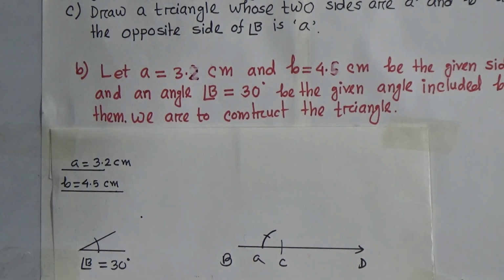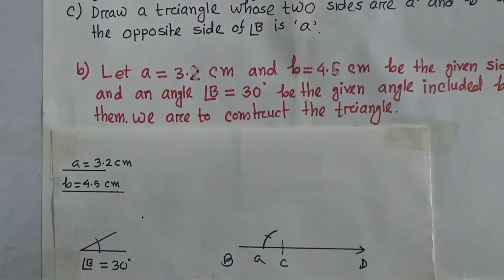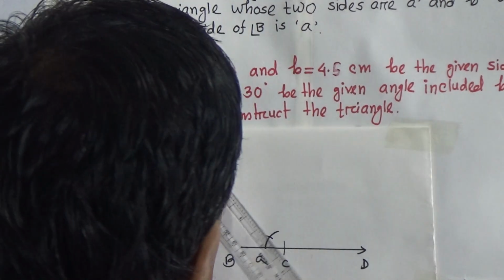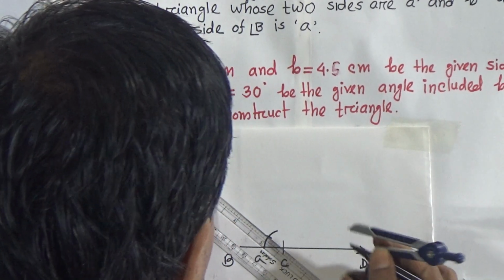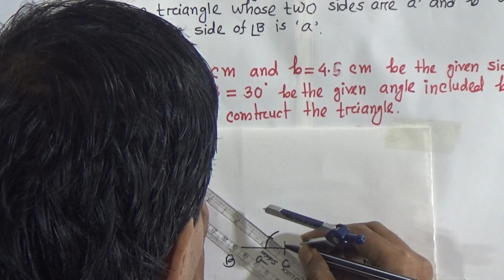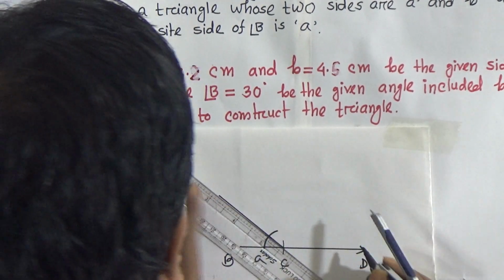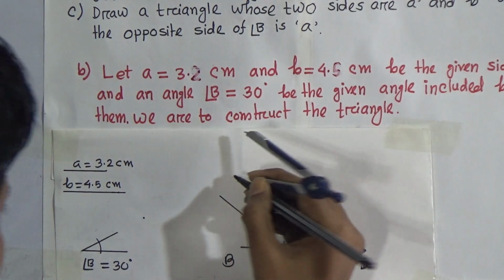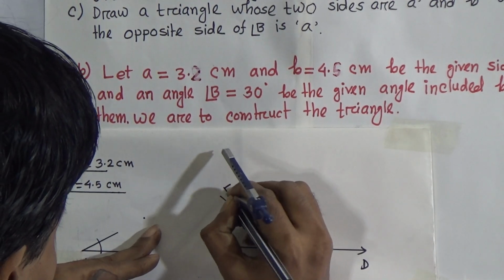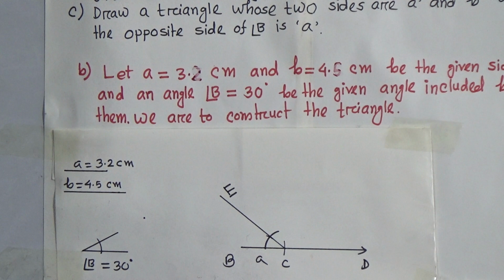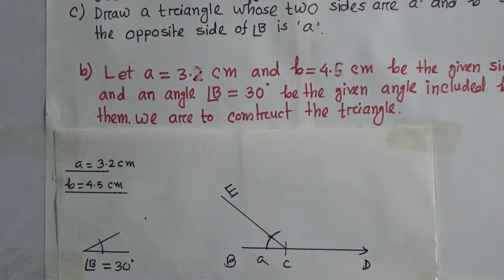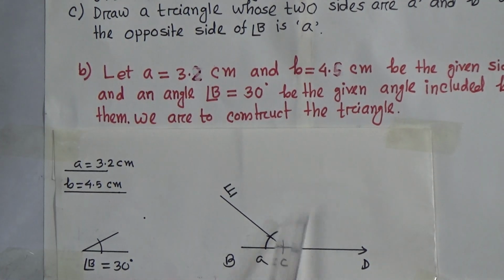Okay. Now we have to join this BC, the name BCE equal to B equal to 30 degree.